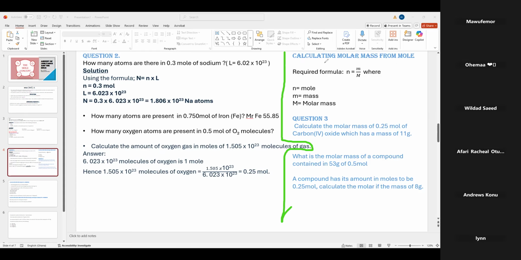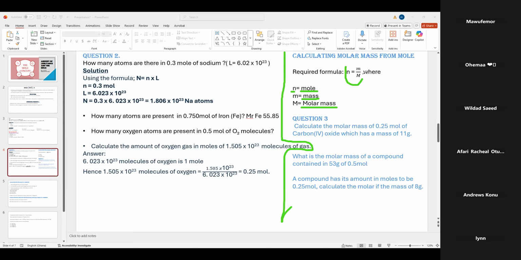The required formula for calculating the mole, or the amount of substance, of a particular compound is small n equals small m over big M, where small n is the mole or amount of substance, small m is the mass of the substance, and capital M is the molar mass of the substance.